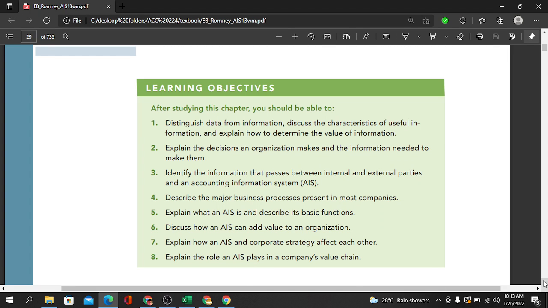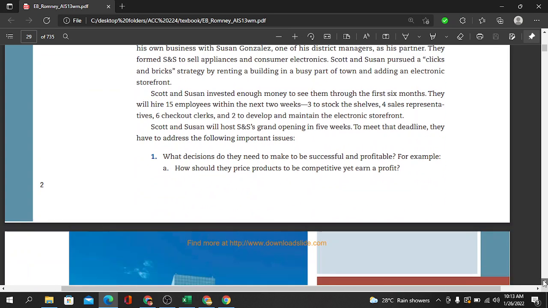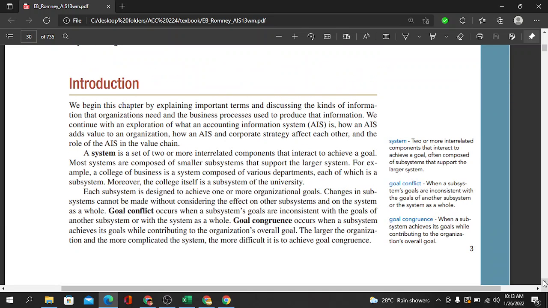So, let's go here. Ito class ha. Do not ignore the blue font ha. So, basahin niyo yun siya ha. So, we have also system and subsystem of the AIS. There are interrelated components, no?